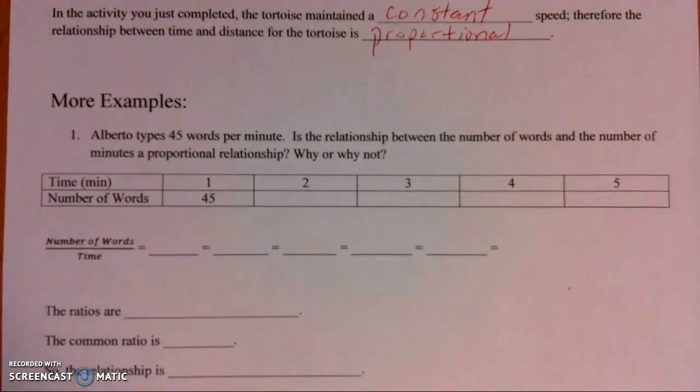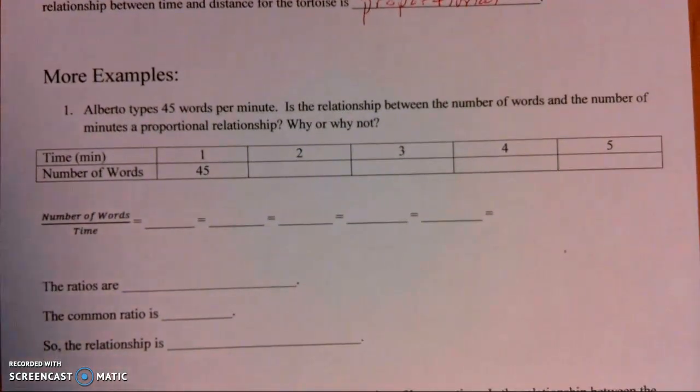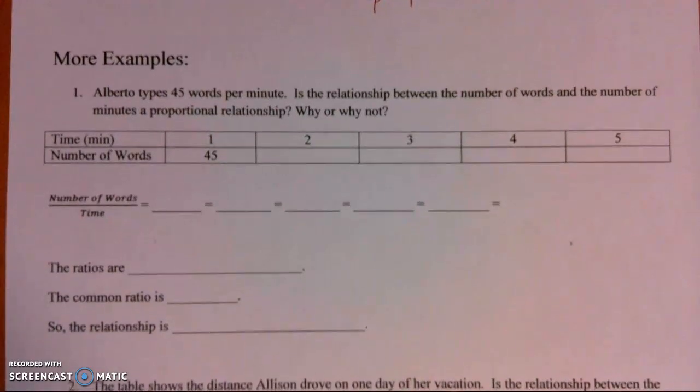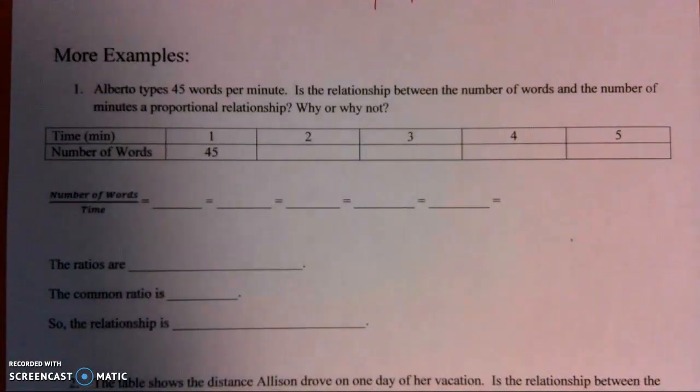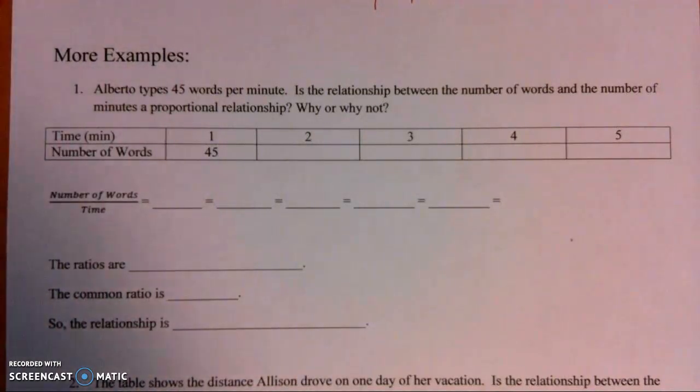And the first chart we're going to look at is Alberto typing 45 words per minute. And I want to know, is this relationship between the number of words and the number of minutes a proportional relationship? Why or why not?